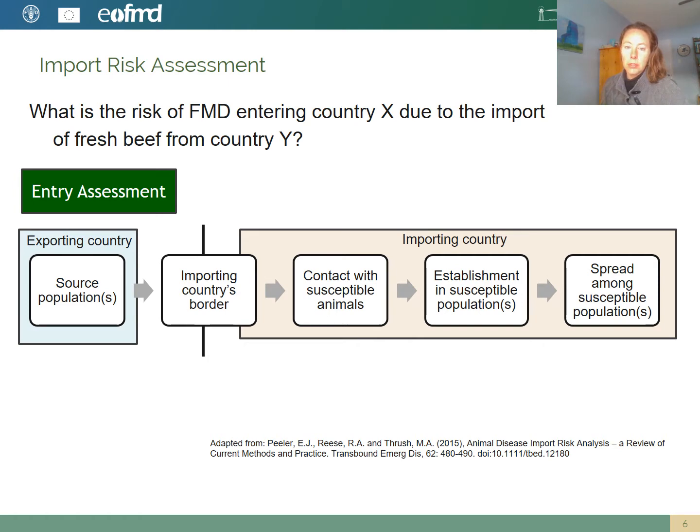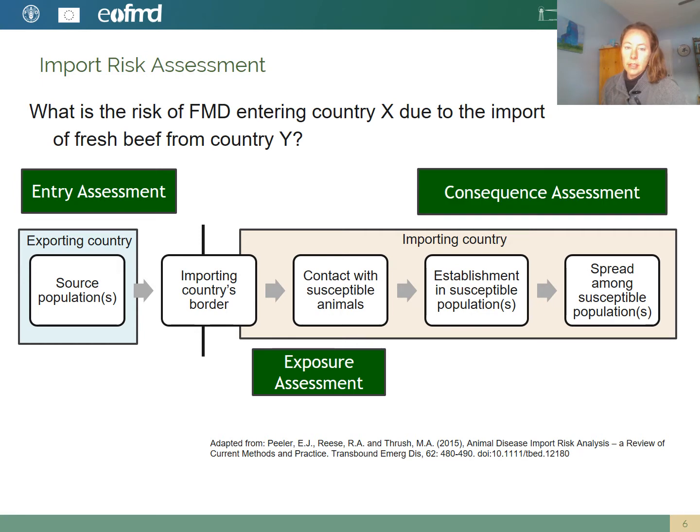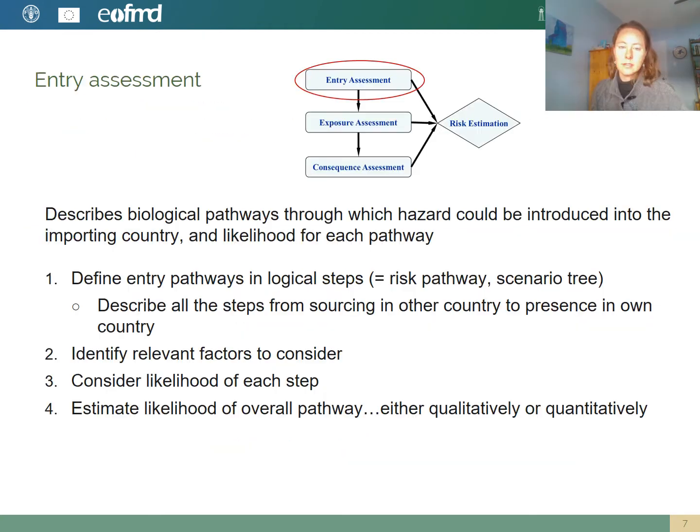Once past the border, the exposure assessment assesses the likelihood of susceptible animals coming into contact with foot and mouth disease. Finally, the consequence assessment evaluates what is likely to occur after that exposure in terms of establishment and spread within the population, as well as other consequences such as socioeconomic impact.